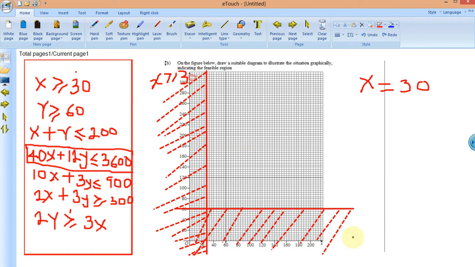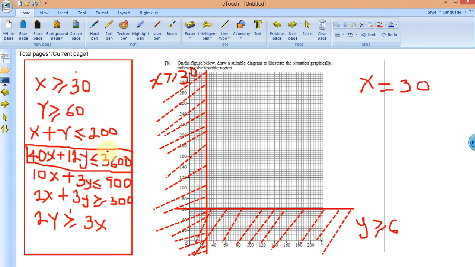And this one is y, the y-axis. Go to y equals 60 and draw a line across 60.